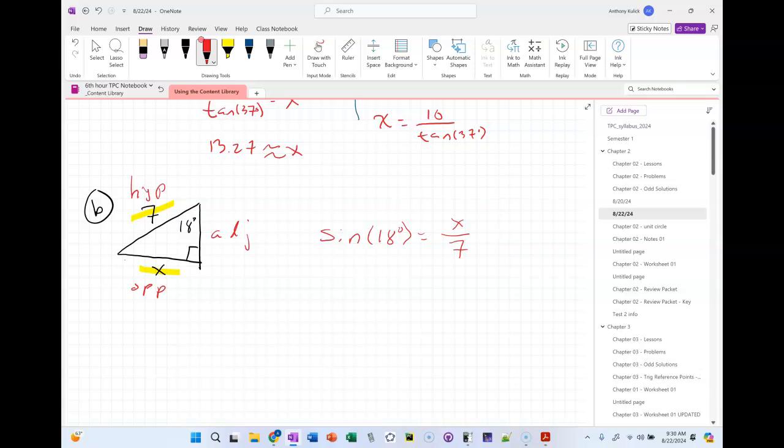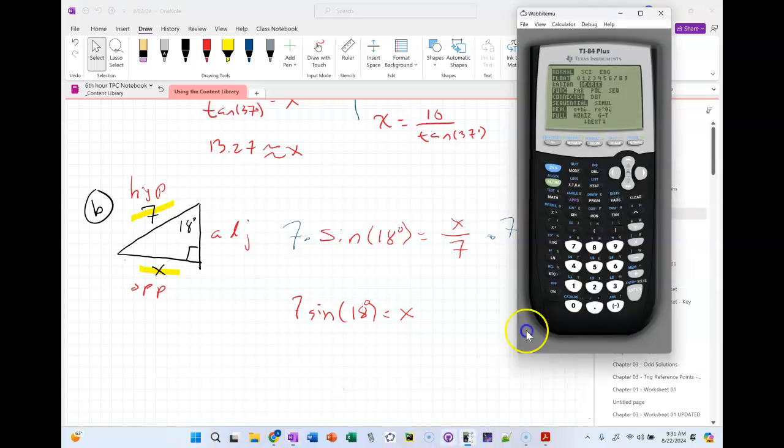Okay, so we have our equation, sine 18 equals x over 7. To solve this equation for x, multiply both sides by 7. Good. And that's it, right? It's calculator time now. If you have a calculator with you, I invite you to type this in along with me.